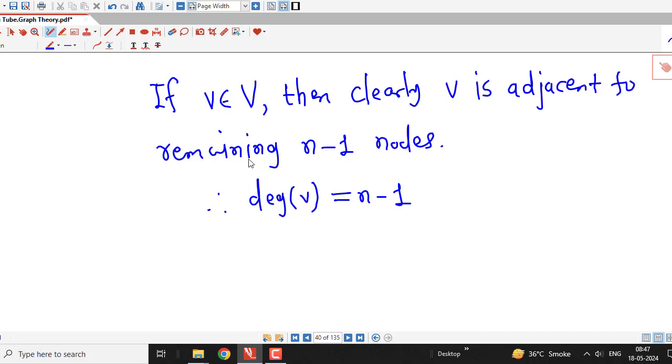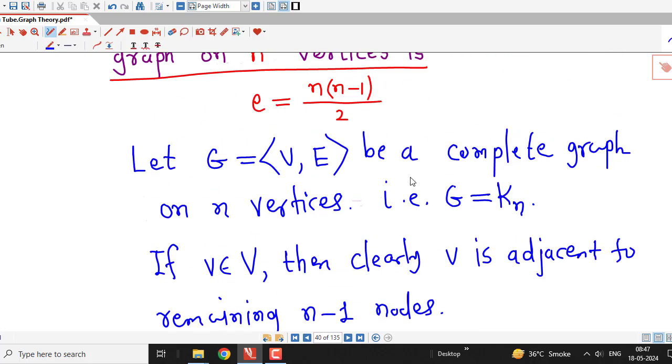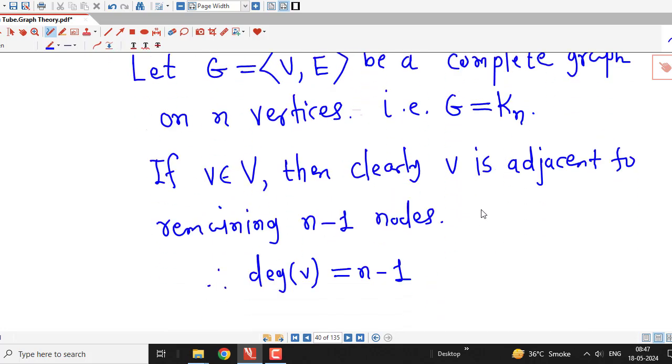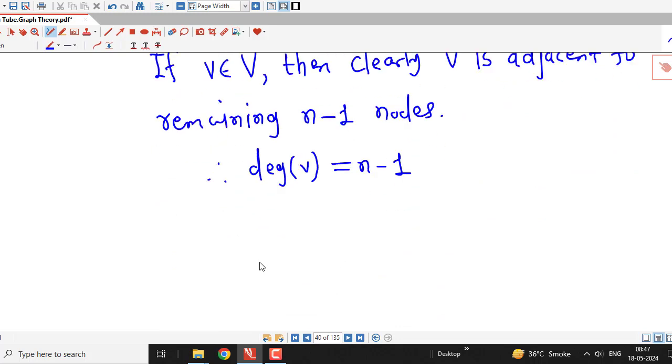So the degree of each vertex in a complete graph on n vertices is n minus 1.